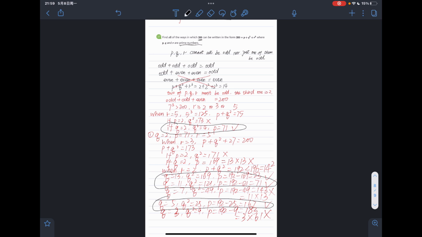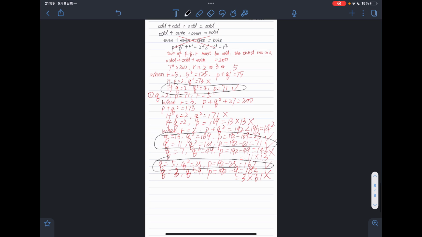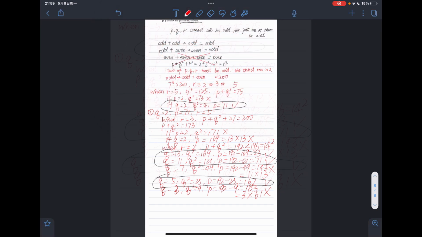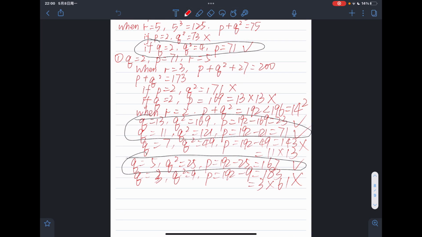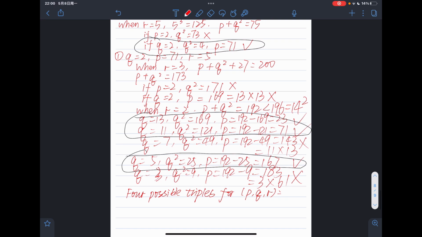So these 4 answers are possible, which can make a final answer here. Therefore, there are 4 possible triples for p, q, r, and they are: p is 71, q is 2, and r is 5.